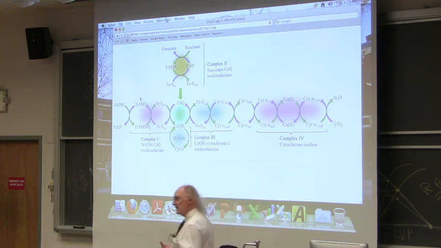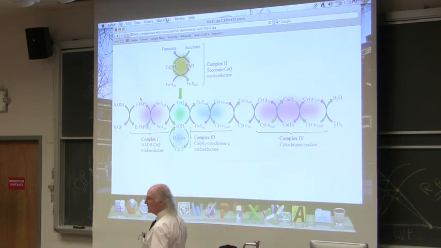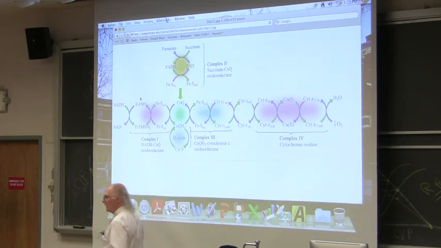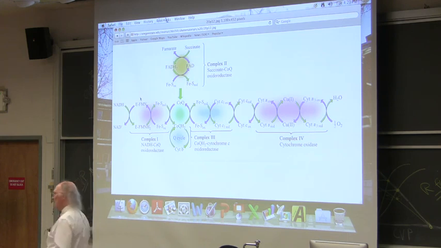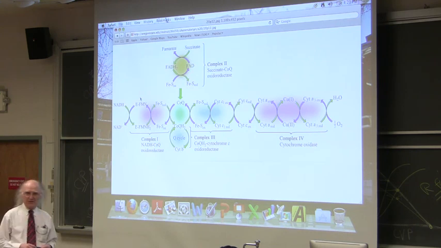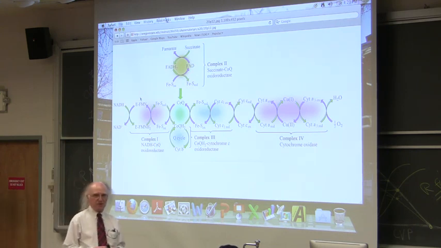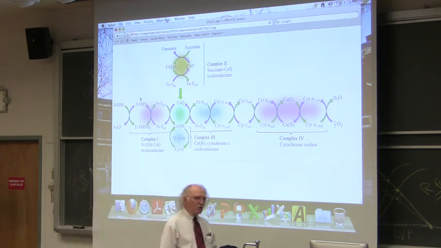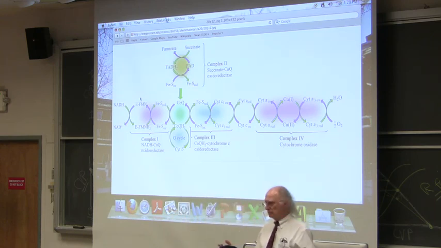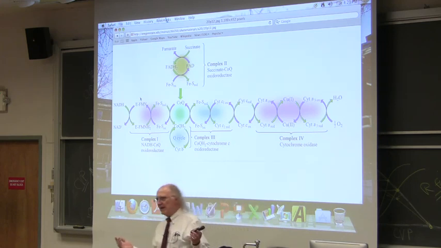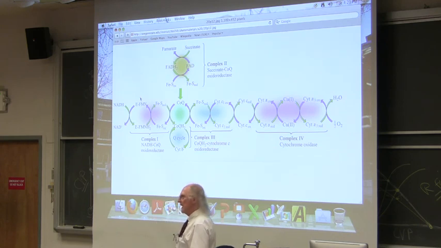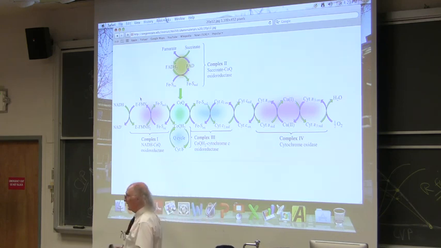Now, what this means is that if electrons come in through FADH2, they miss complex 1. It means that electrons coming from FADH2 don't charge the battery as much. Now, if you go read textbooks, including my own, people get all arguing about exactly how many ATPs you make per NADH and exactly how many ATPs you make per FADH2.